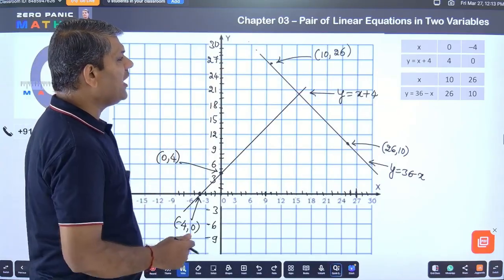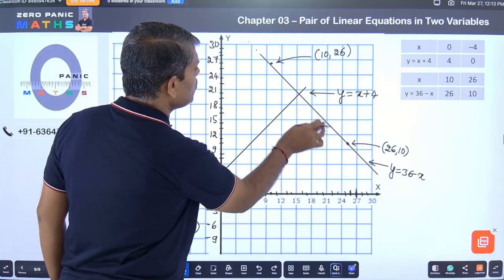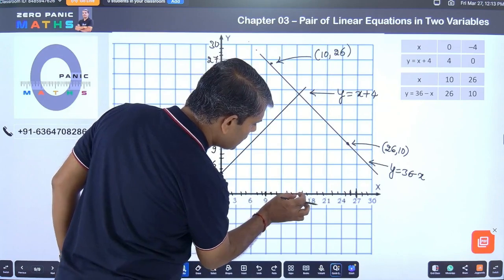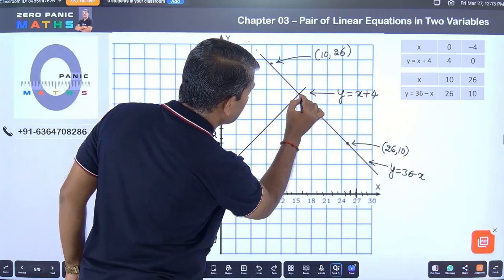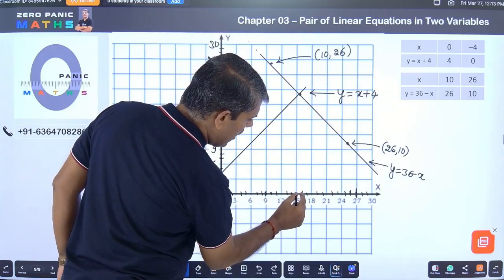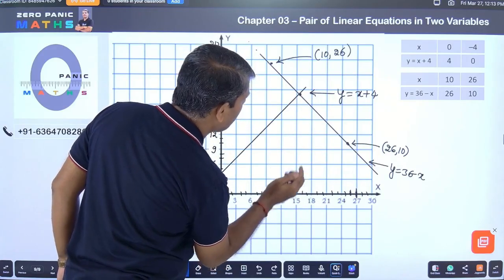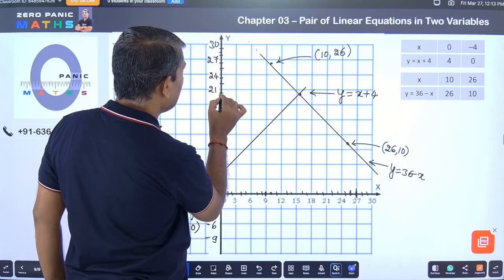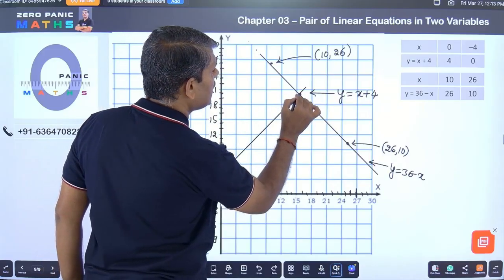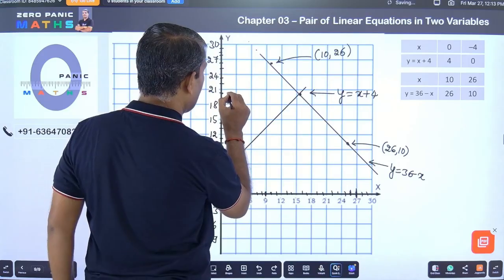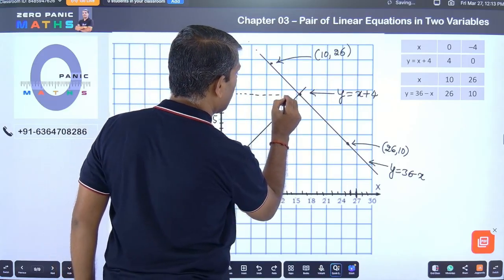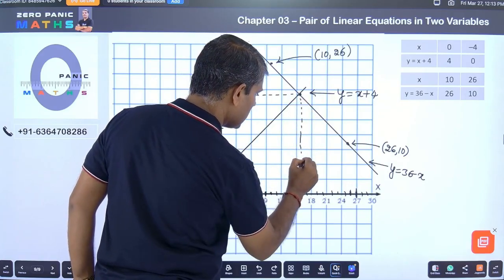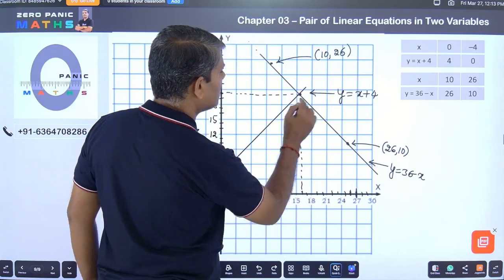Now identify at what point these two lines are crossing each other. So now if you clearly observe here, the point here is one, approximately one more than 15, that is 16 as x, and one less than 21, that is 20 as y. So if I am drawing the dotted lines here, it will actually give me this as 16.